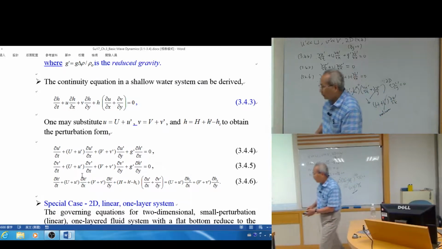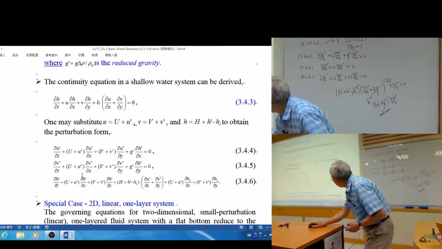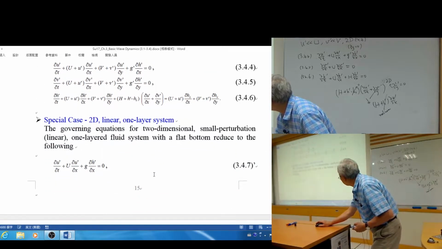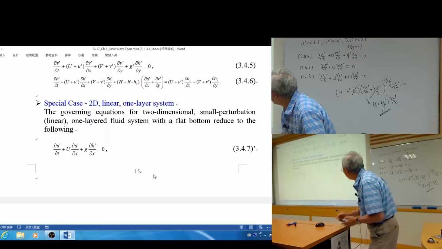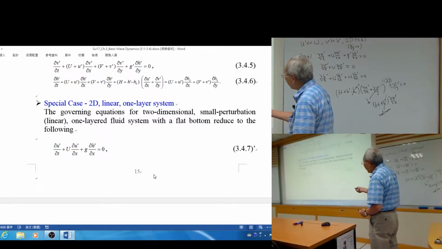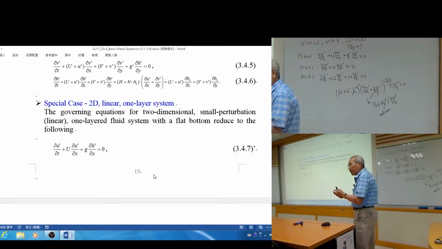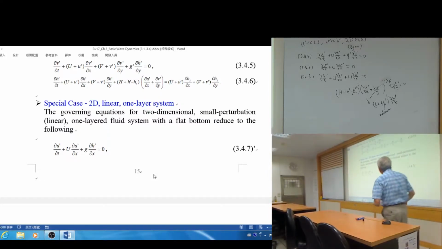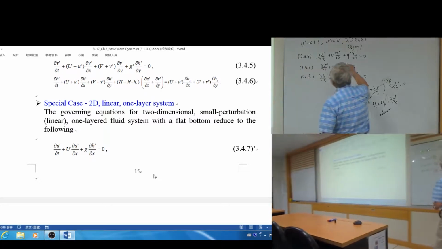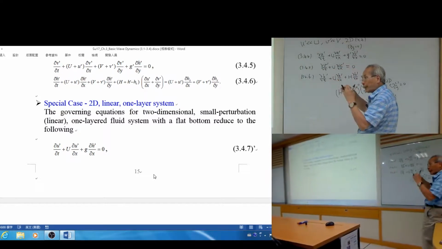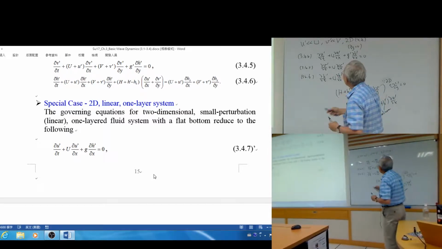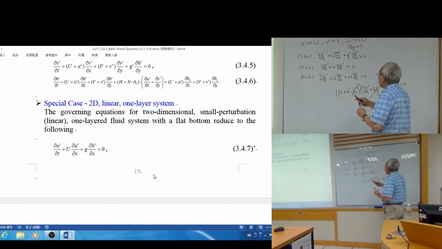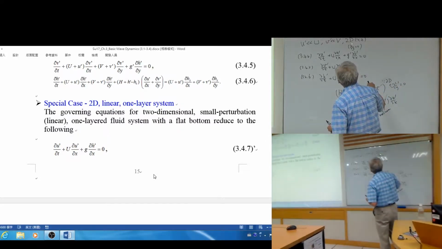Let me go down a little bit. If it's 2D, linear means small perturbation, so your perturbation could not be very large. That means u prime would be much less than the basic wind, and v prime also less than the basic wind in the y direction. 2D means partial y equals 0.